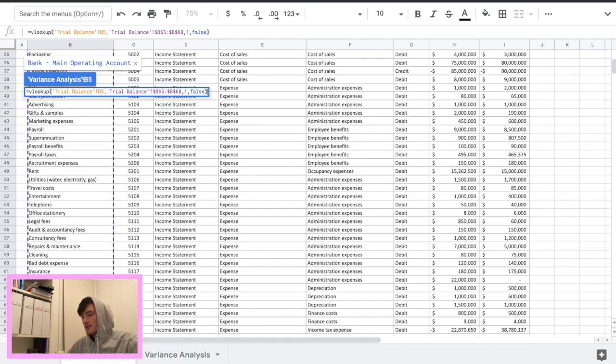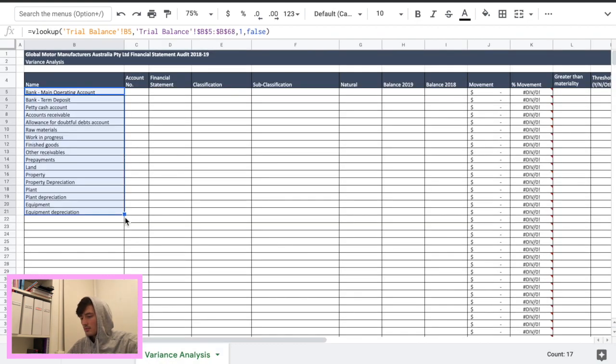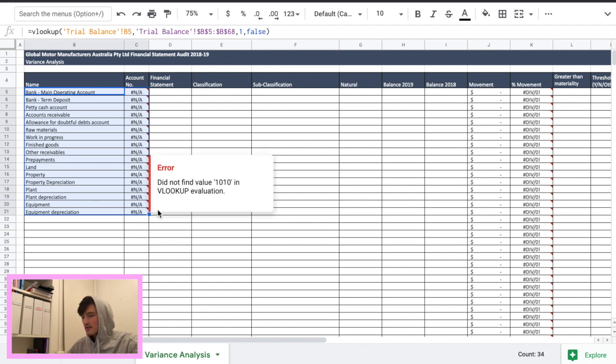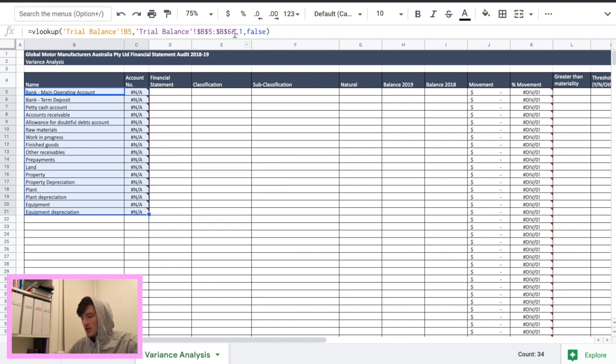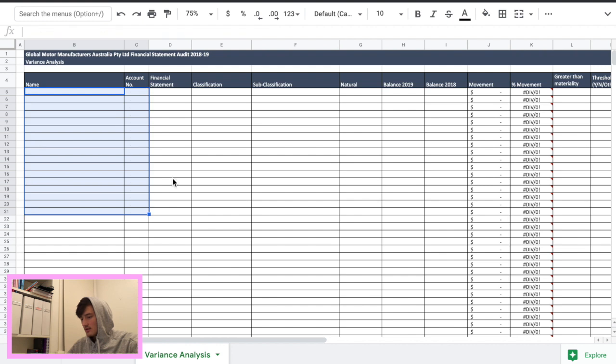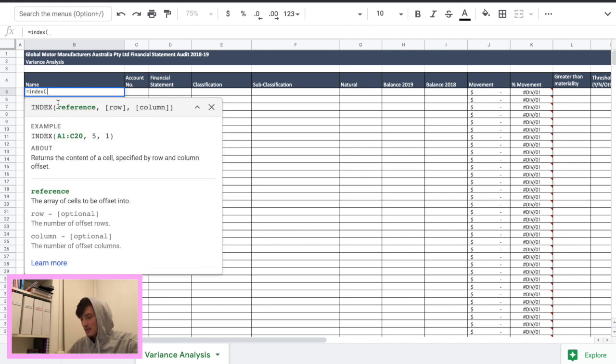There we go. So it works like this. The only problem with VLOOKUP is when I drag it across, it's not going to carry through. It's going to give you errors, and that's because you would have to change the cells by hand in the formula. So today I'm going to use the index match formula. It's just going to be a lot easier, and I haven't used it on the channel yet, so it's going to be a good learning experience for people.